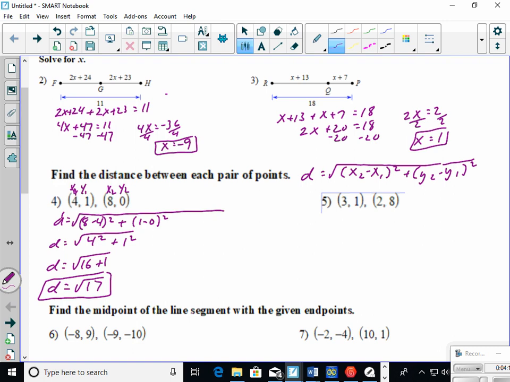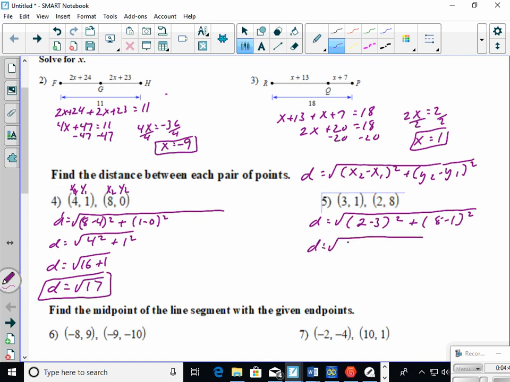Alright, so then number 5, same process, just different points. So 2 minus 3 squared for the x's, and for the y's, 8 minus 1 squared.